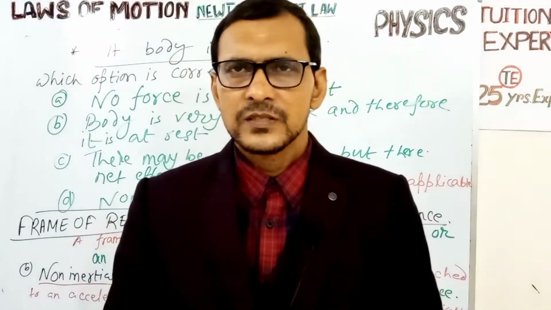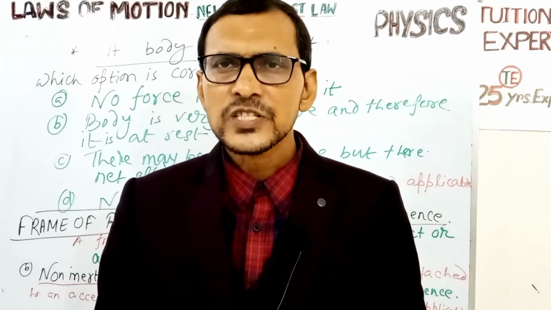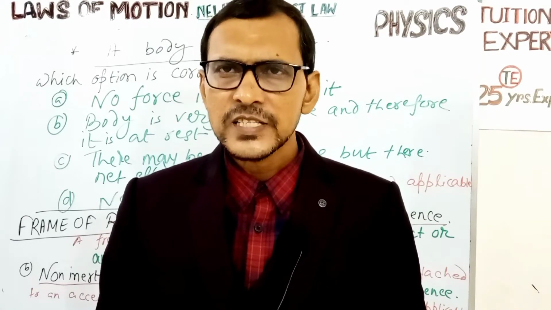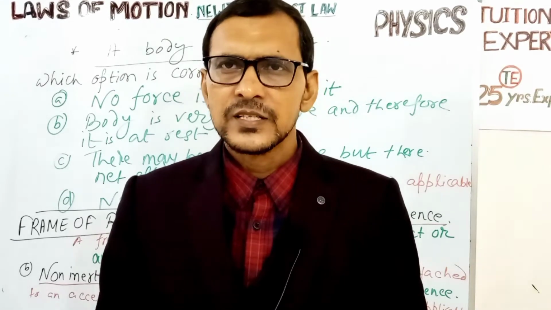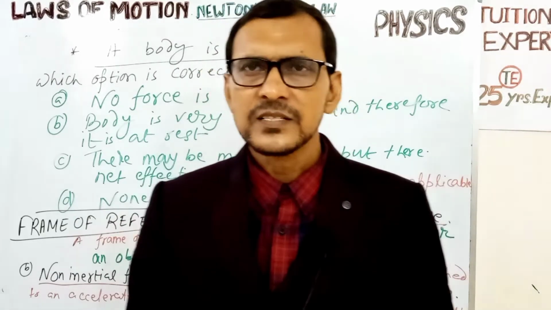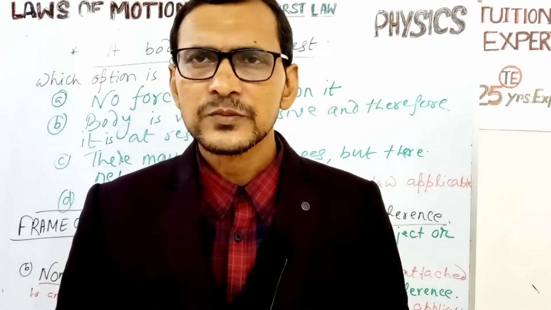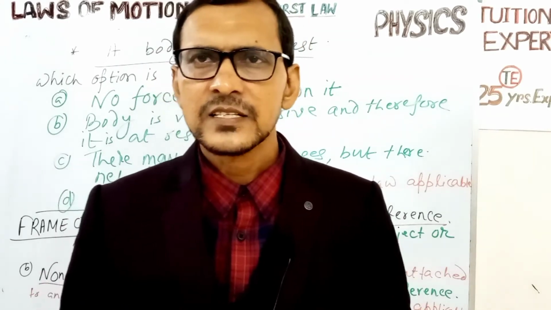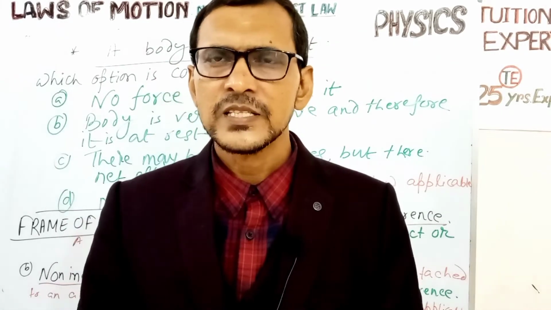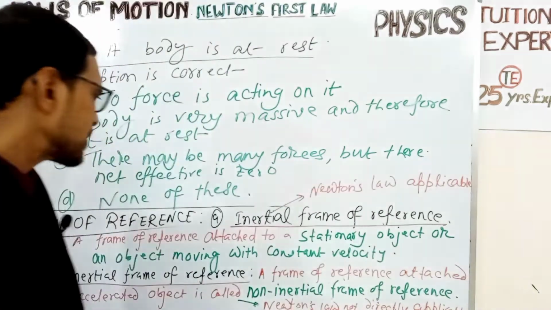We know that to specify the position of an object, an origin and a coordinate system are required. If the frame of reference is attached to stationary ground or to an object moving uniformly, then that non-accelerated frame is called an inertial frame of reference.